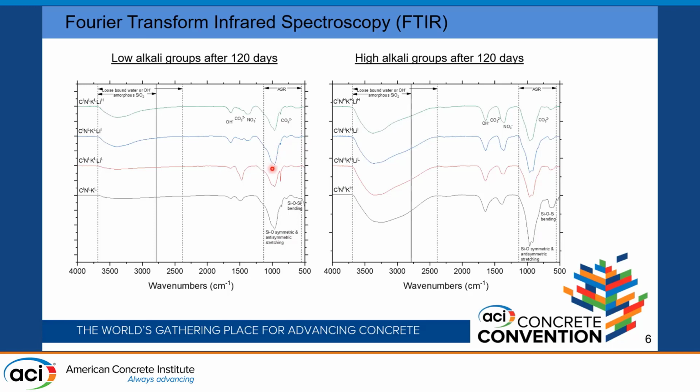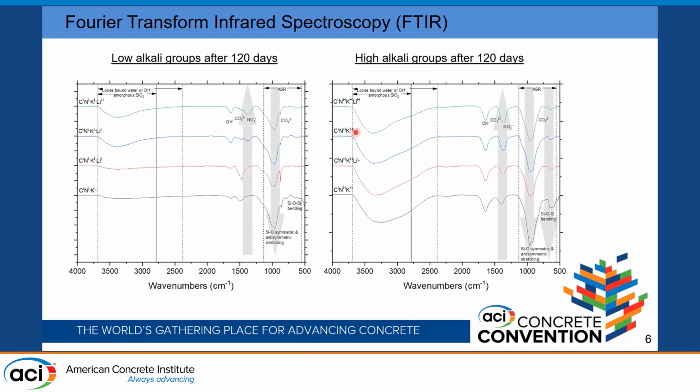In the low alkali groups, there is a single significant peak, which is indicative of a CSH-like structure, whereas in the high alkali groups, we have a compound or multiple peaks in the 950 cm⁻¹ area. So as the lithium to alkali ratio increases, we can see that the phases corresponding to the Q3 silicon-oxygen-silicon bending decrease, and we can see the appearance or increase of the nitrate group from the lithium nitrate.